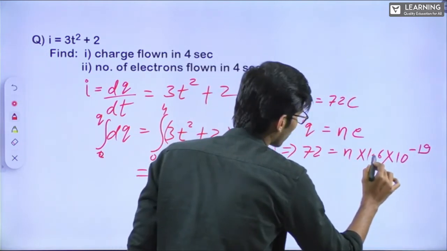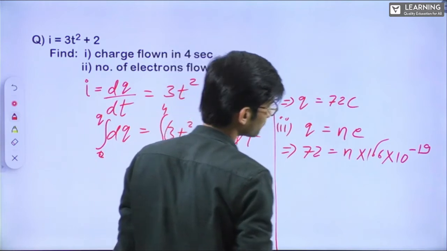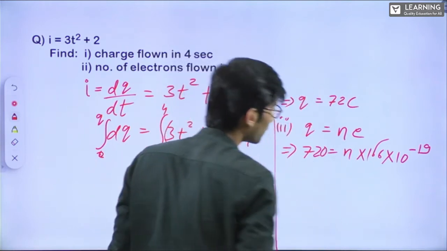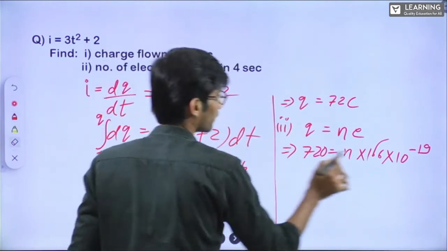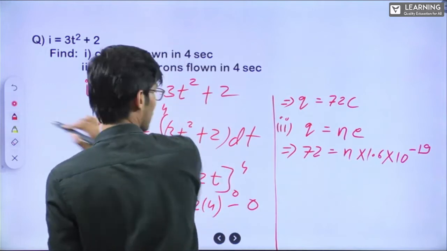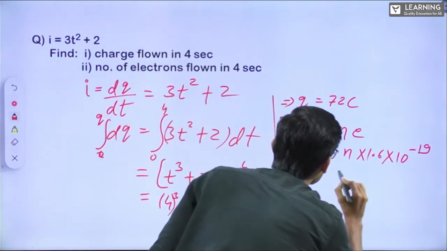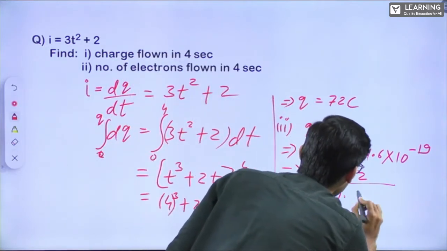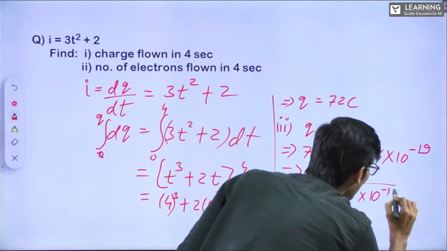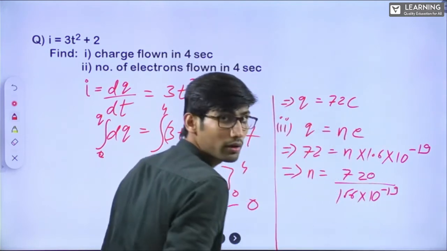Now let me write it another way. This will be n is equal to 72 divided by 1.6 into 10 power minus 19. If I remove this, a 0 will come here.